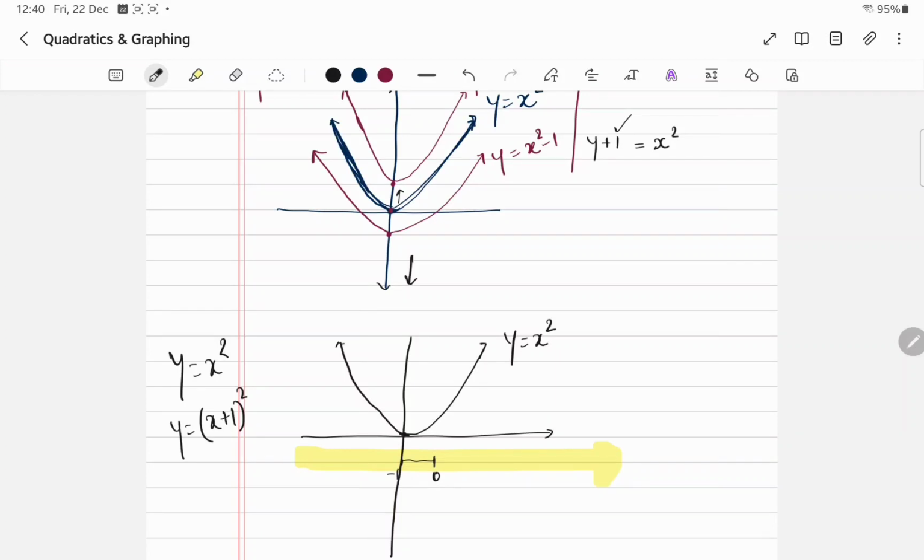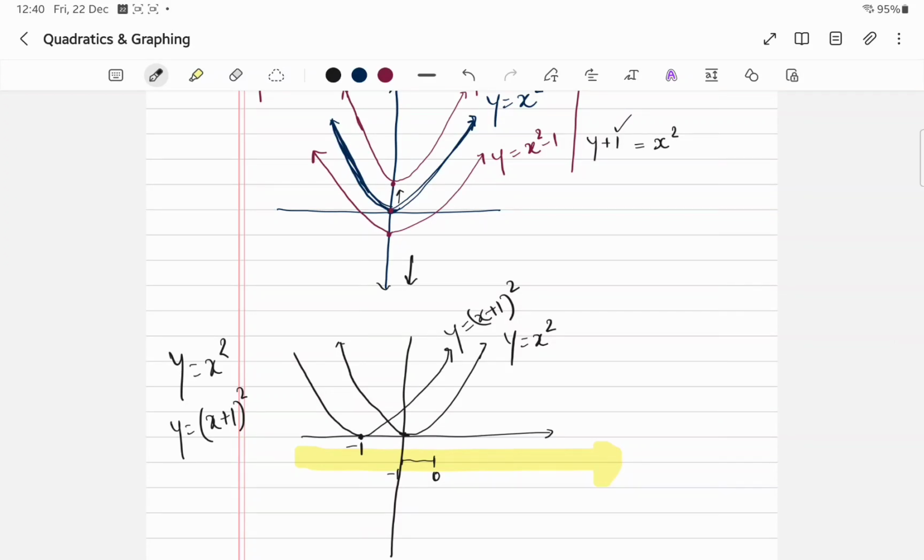So my 0 is -1 now, and my curve is on -1 now. It's exactly the same curve, but it is on (x plus 1) squared. Make sense?